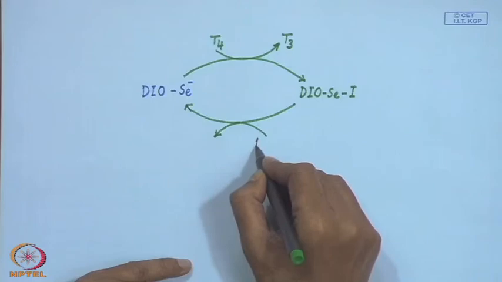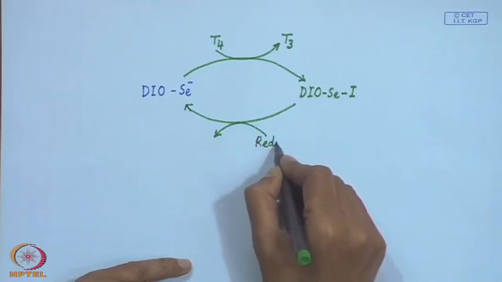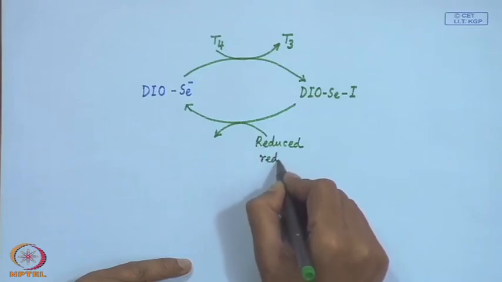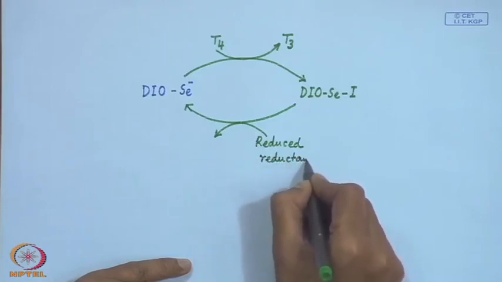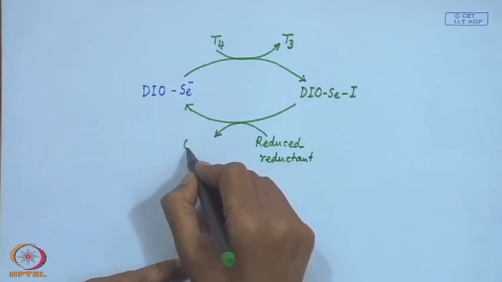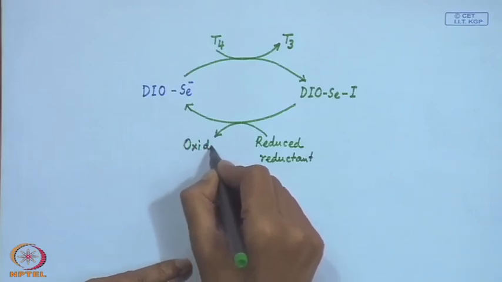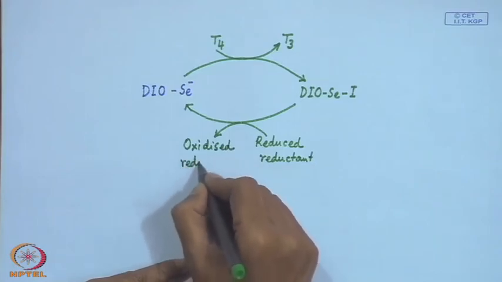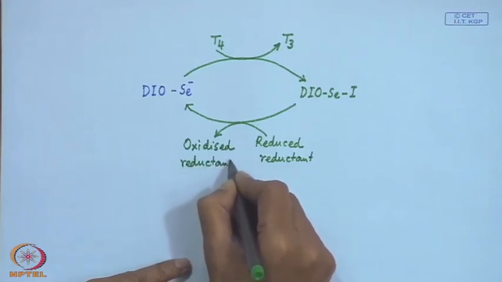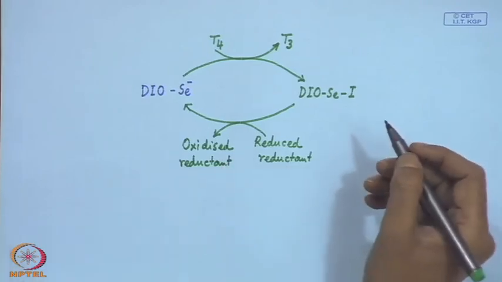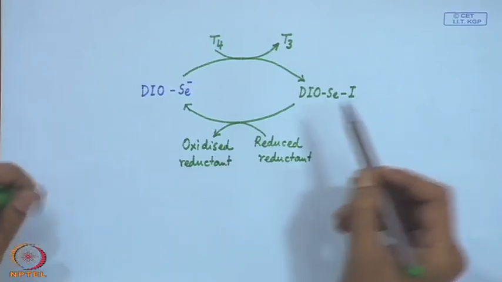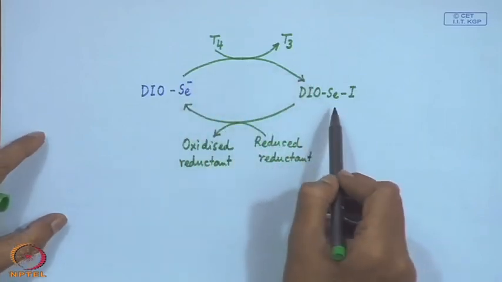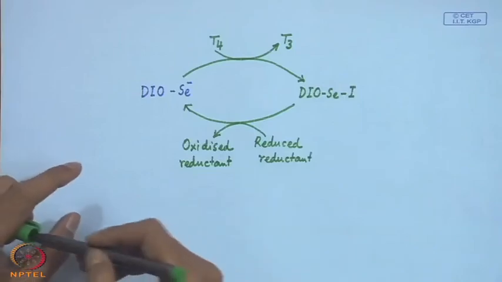So, we have the reductant, which can be converted to its oxidized form, the oxidized reductant. That gives us some idea of how selenium plays an important role in the generation of this selenium iodide bond, which is very important.